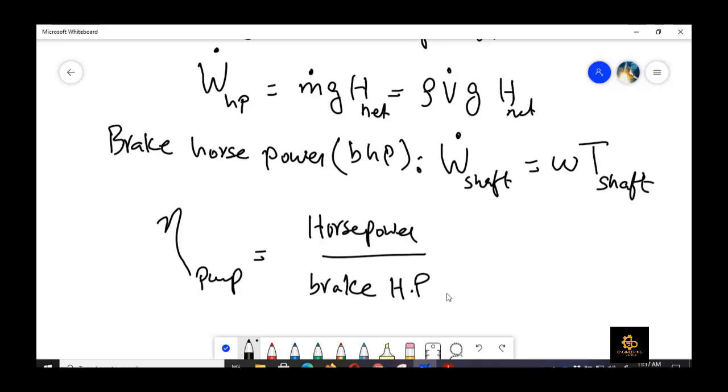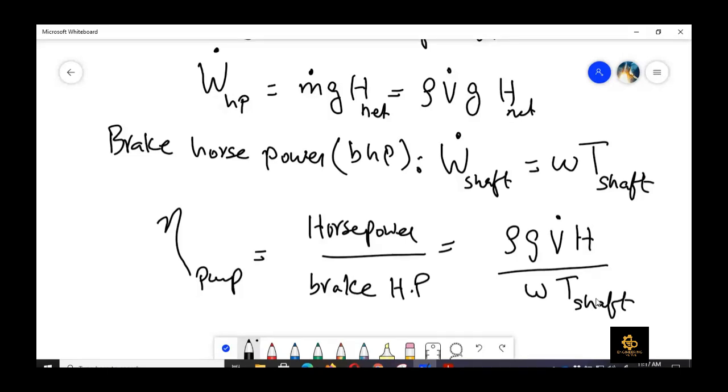If we put in the formula, that would be rho g V dot H net divided by omega times T shaft. You can also take it like the isentropic efficiency you must have done in your thermodynamics course.